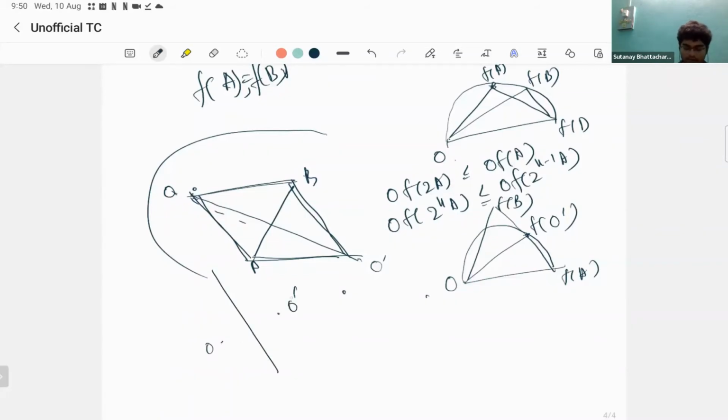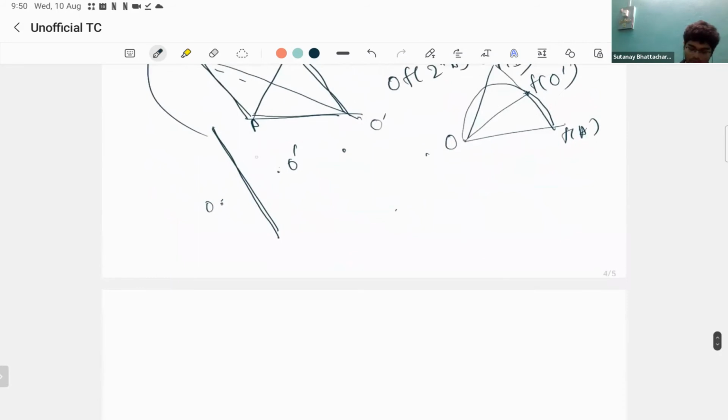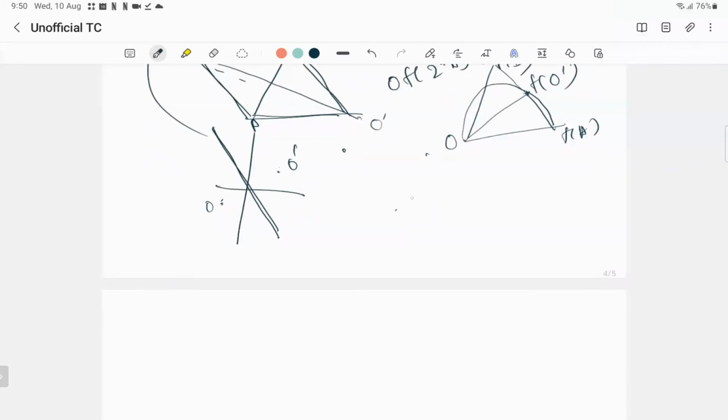Given any line, you can take this reflection, and then it's a perpendicular bisector of O and O dash. Then that means this line basically gets mapped to a subset of some other line. That's pretty good. So if you just pick a point and multiple lines through it, then all those lines must be concurrent. So basically, concurrent lines map to concurrent lines.